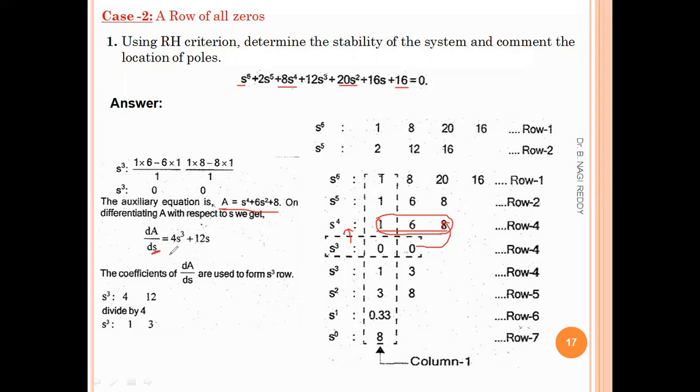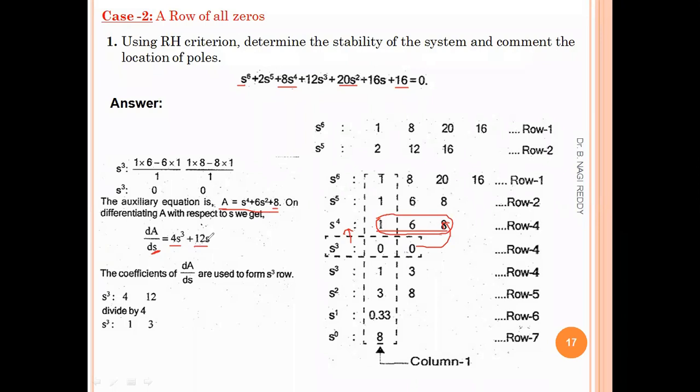So here you can see s power 4, if we differentiate s power 4, we will get 4 into s cube, and for 6s square, 6 into 2s, so 6 into 2 means 12. So 12s will be the term here, and 8 is a constant. If we differentiate a constant, we will get 0. So we only have two coefficients, s cube and s.